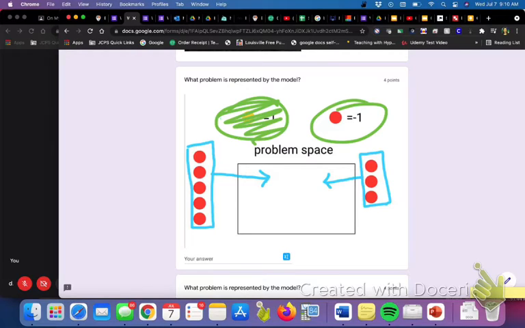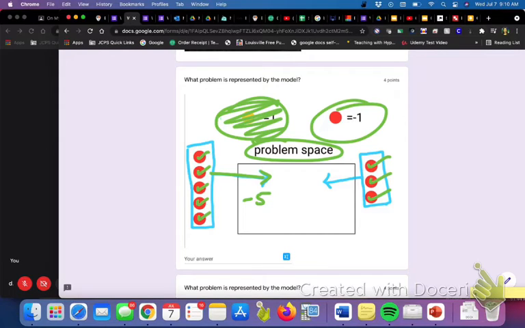So that means, and I've got 1, 2, 3, 4, 5 red chips, this is a negative 5. And the arrow tells you that negative 5 is being moved over here into the problem space, right? So we're putting 5 negatives in there. And then we have 1, 2, and 3 negative chips.